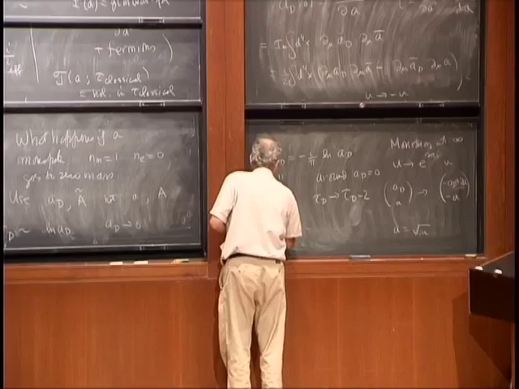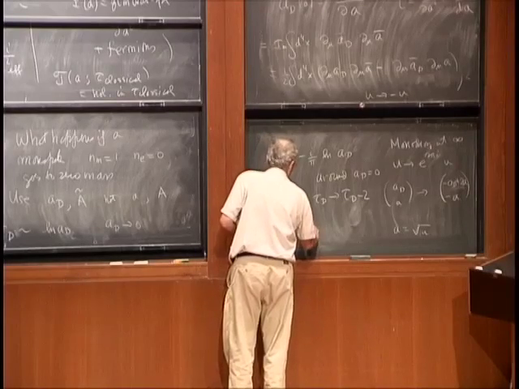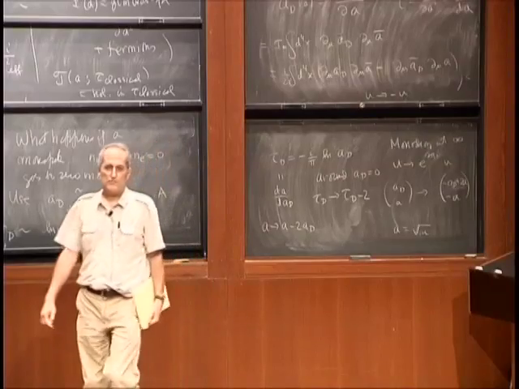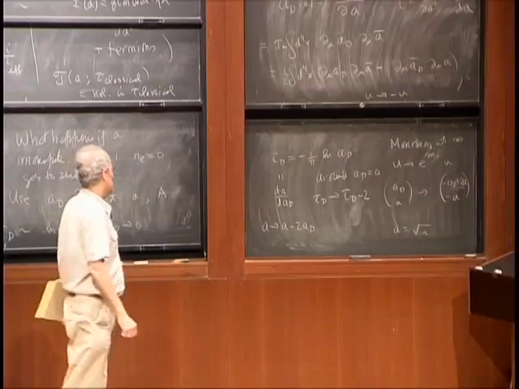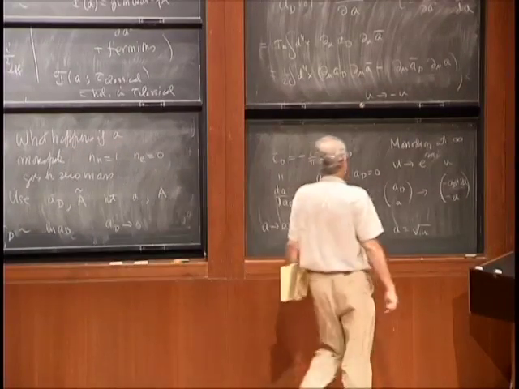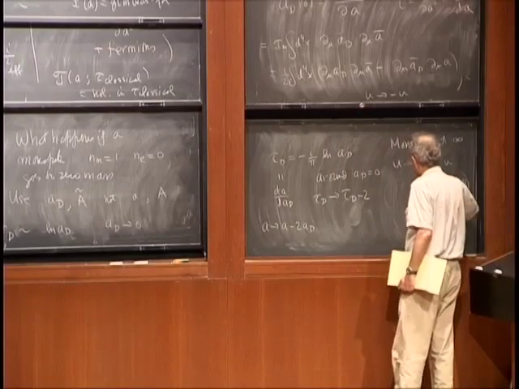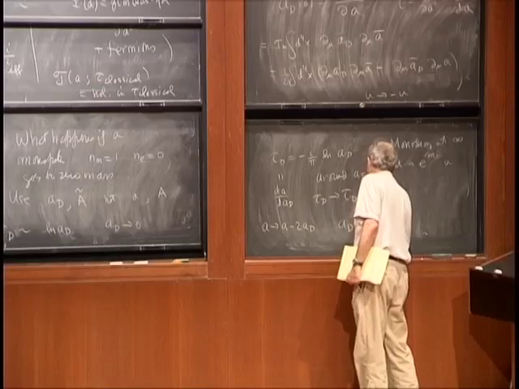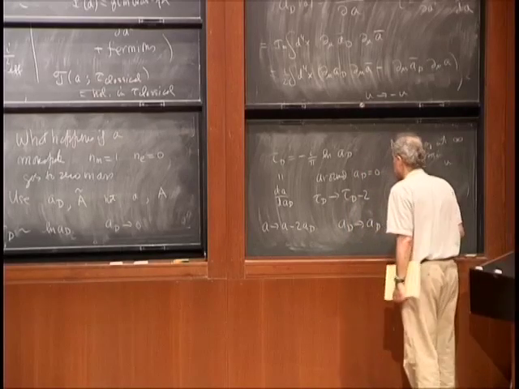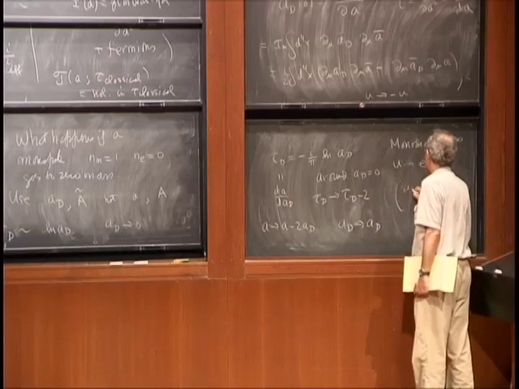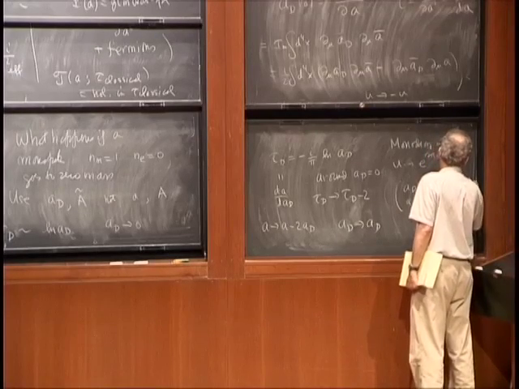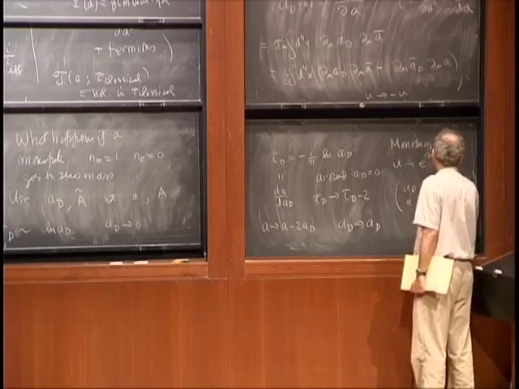So that means that A goes to A minus 2 A dual. Nothing happens to A dual because A dual is a good coordinate in this description. So A dual and A are going to themselves times some other matrix.